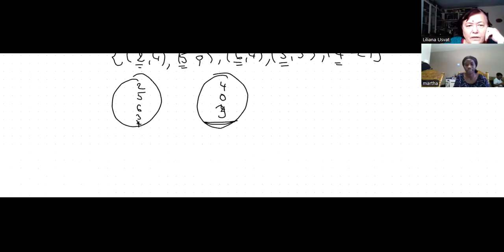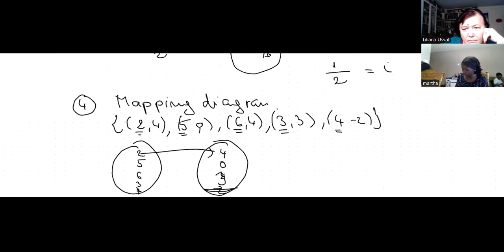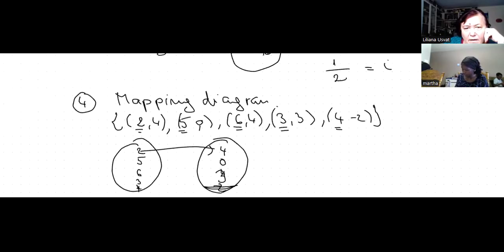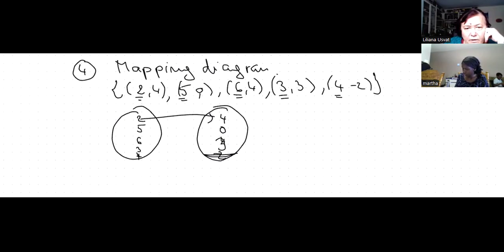So 2 corresponds to 4, 5 corresponds to 0, 6 corresponds to 4, 3 corresponds to 3, and 4 corresponds to minus 2.